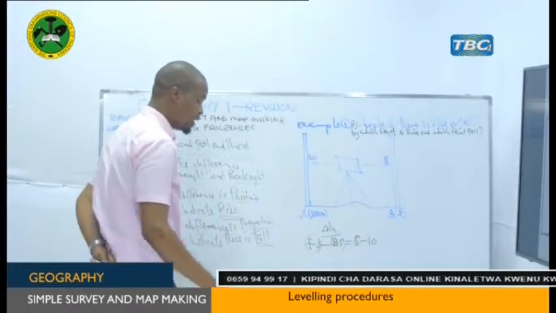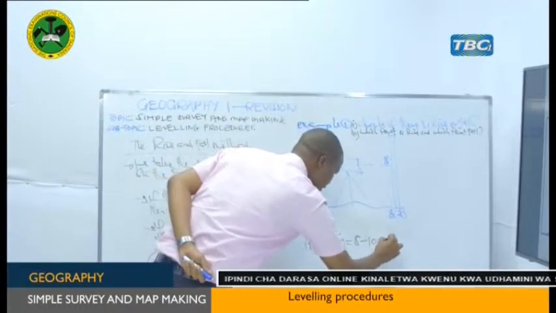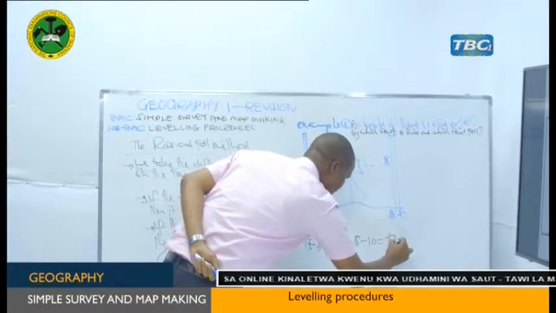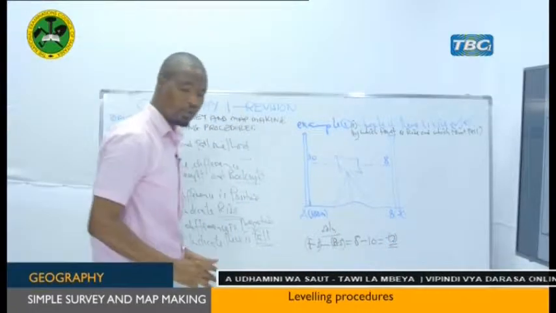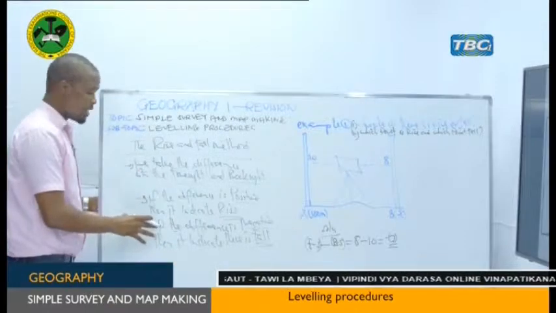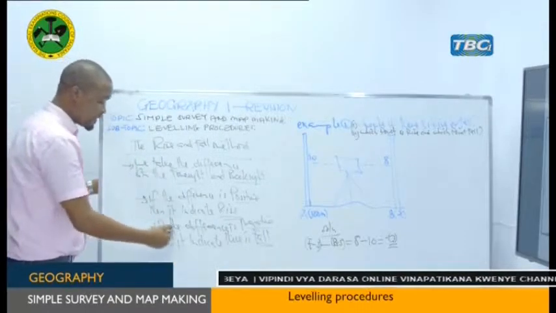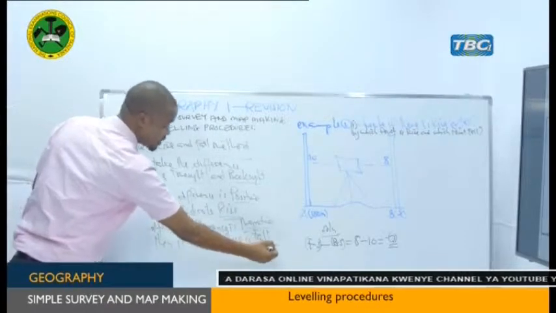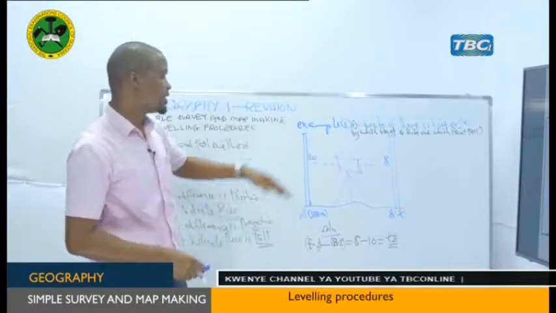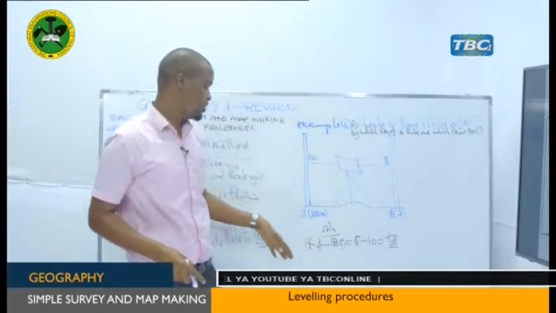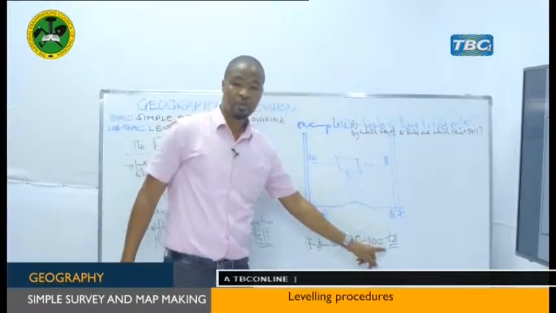This one minus this one, you get negative 2. As you can see, the difference is negative. By referring to our method, if the difference is negative, then there is a fall. So we have answered the first question: there is a fall between the 2 points.